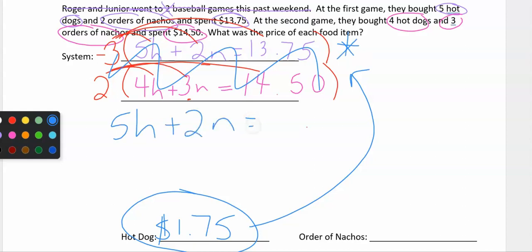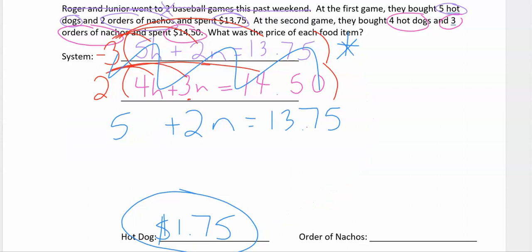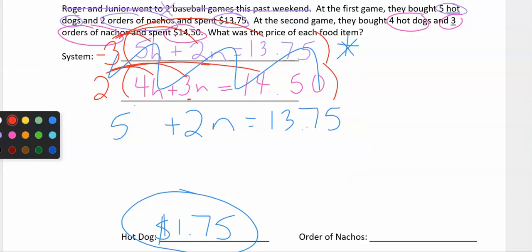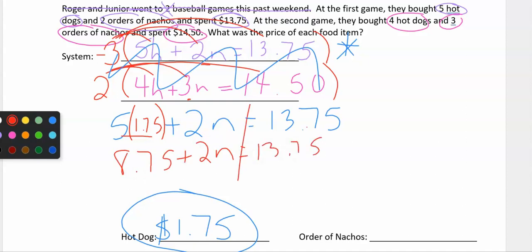So let's just recopy it. This is what it was. We know that h is $1.75. So I'm going to take h out and put in its place $1.75. So I'm going to multiply 5 times $1.75. That's $8.75 plus 2n equals $13.75.